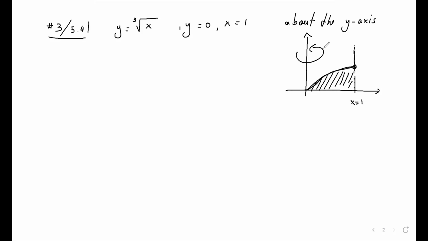So when we spin this region about the y-axis, what we're going to get will be something like, and I'm going to draw that with a different color. Red. All right, so what we get here really looks like a funnel.